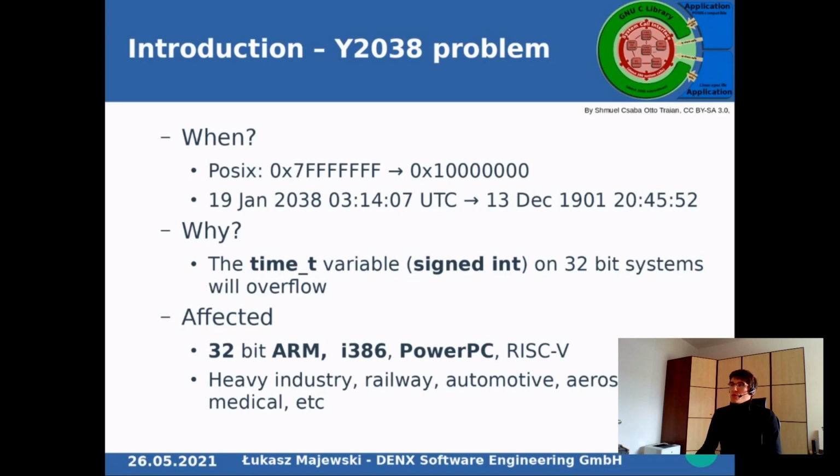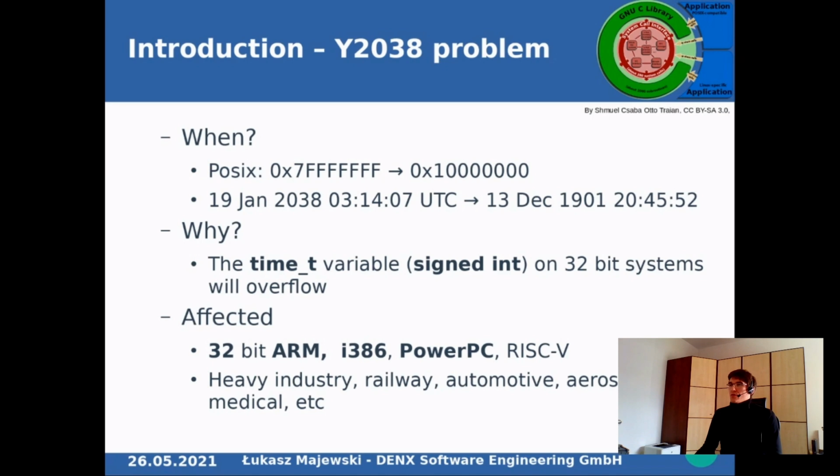This value is because after the overflow, the time will be a large negative value. And when we subtract it from the POSIX epoch time, which is the 1st of January 1970, we will have 13 December 1901.